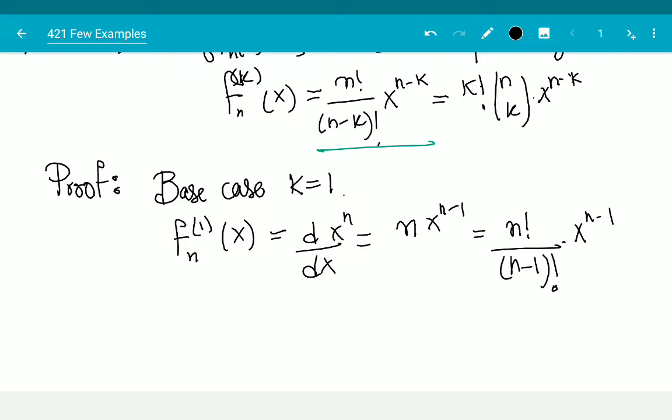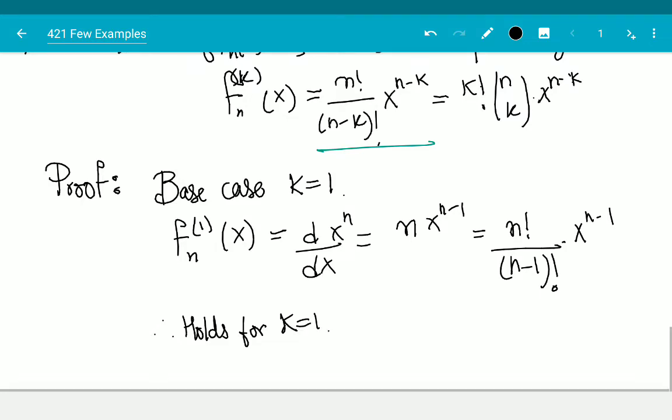Therefore, the base case checks out. Therefore, it holds for k is equal to 1.